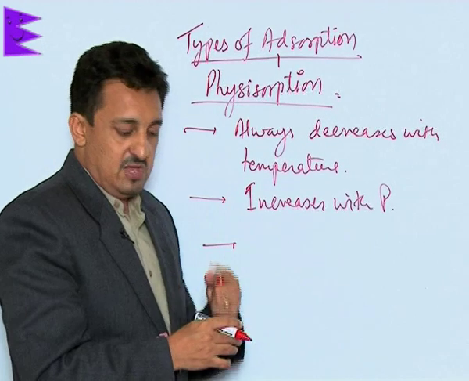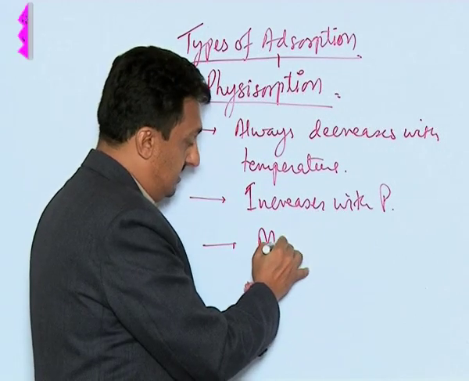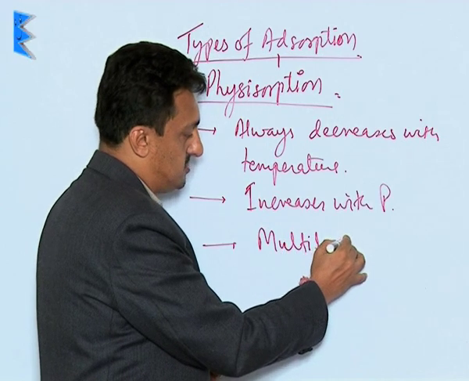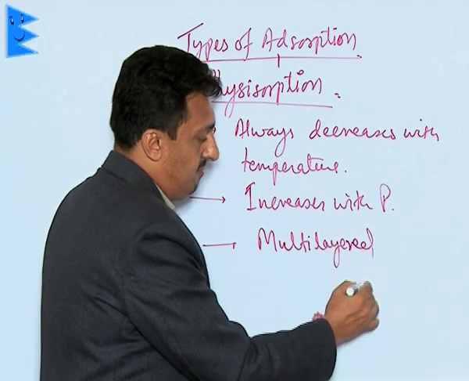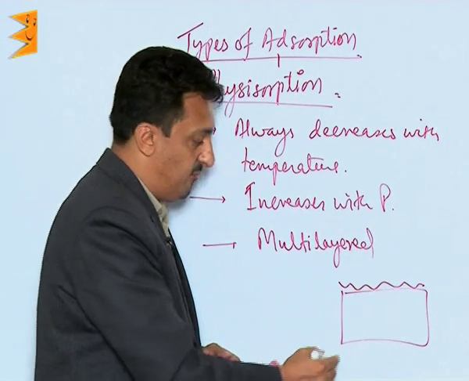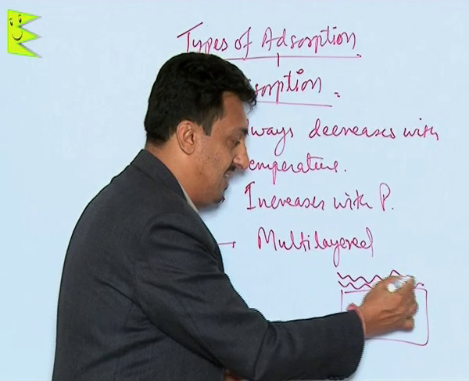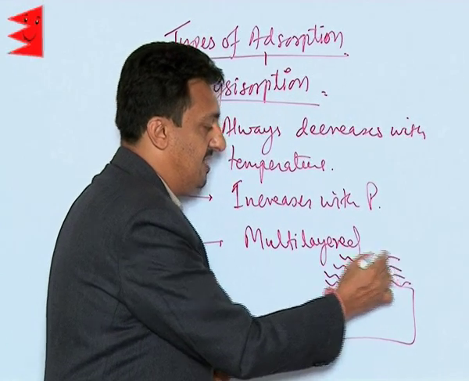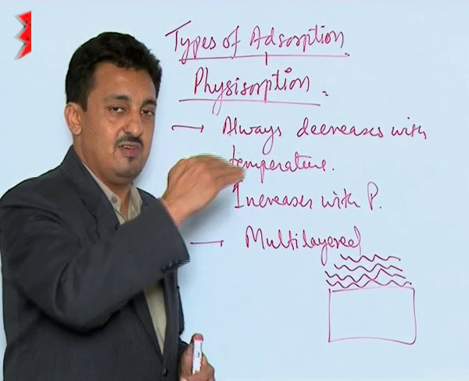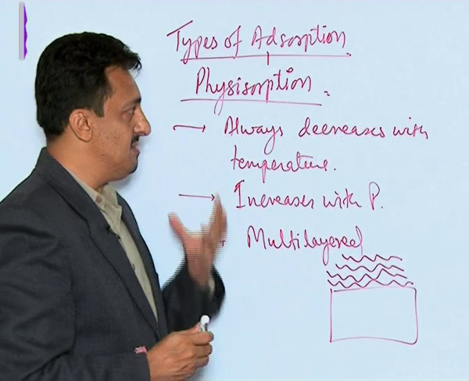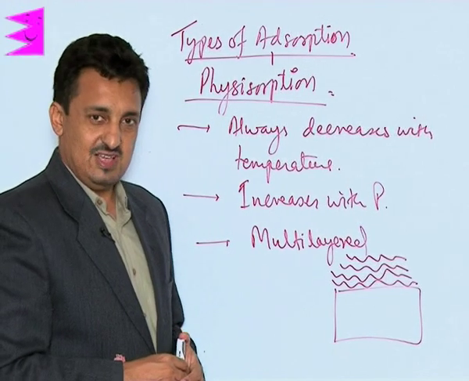There is one more very important thing in this case: this type of adsorption is multi-layered, because it is non-specific. Once a layer is formed, we can have another layer of gases adsorbed on it, and then another layer, and another. So it's always multi-layered, because it's non-specific. These are the major points of physical adsorption.